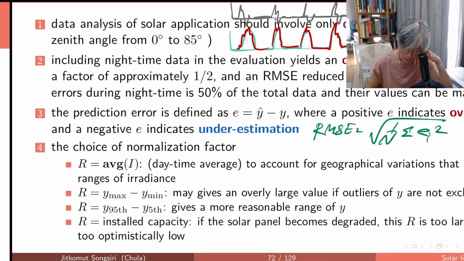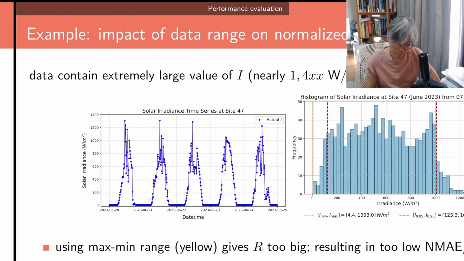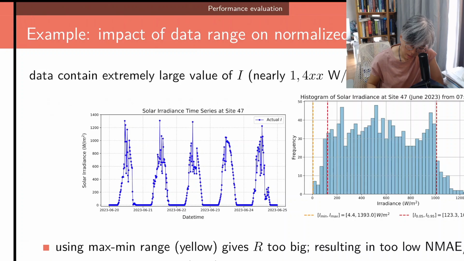Otherwise, R is going to be too low and makes your performance metrics too high. When you use a range, it may be an overly large value if y has outliers. So you can use R as the range from the 95th percentile minus the 5th percentile.